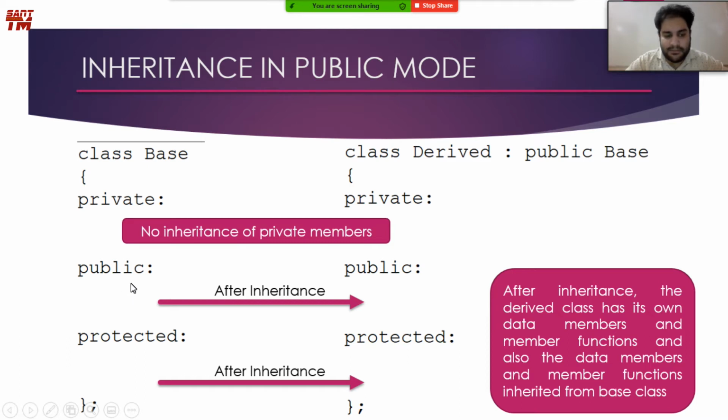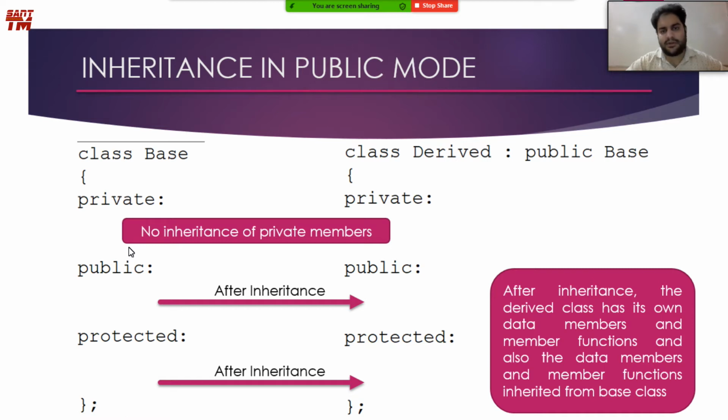That means public members go to the public section and protected members to the protected section of the derived class.